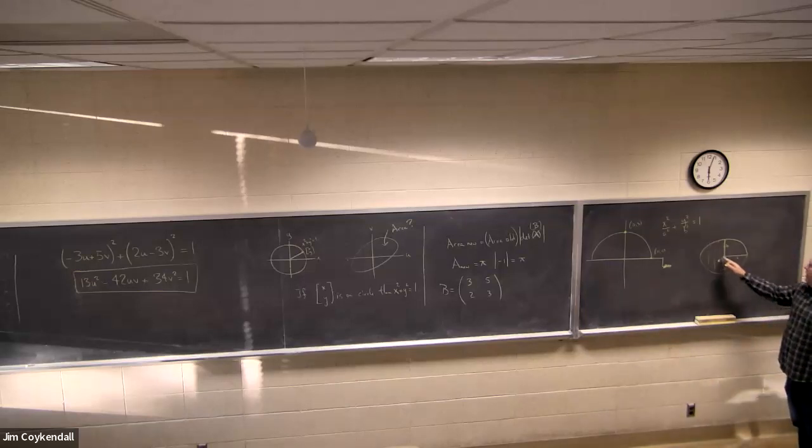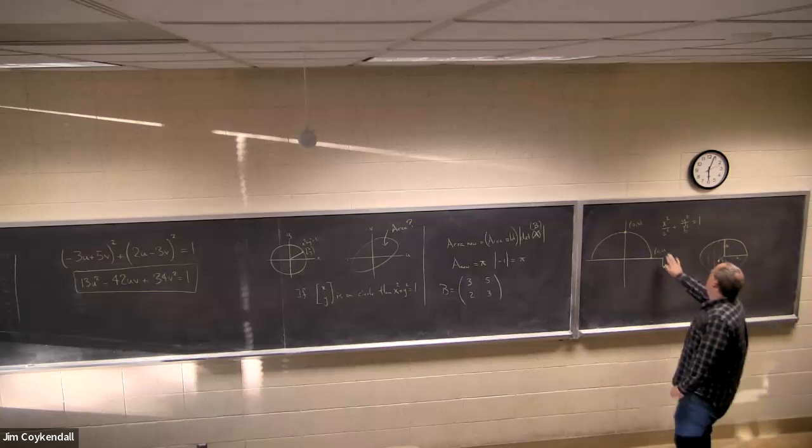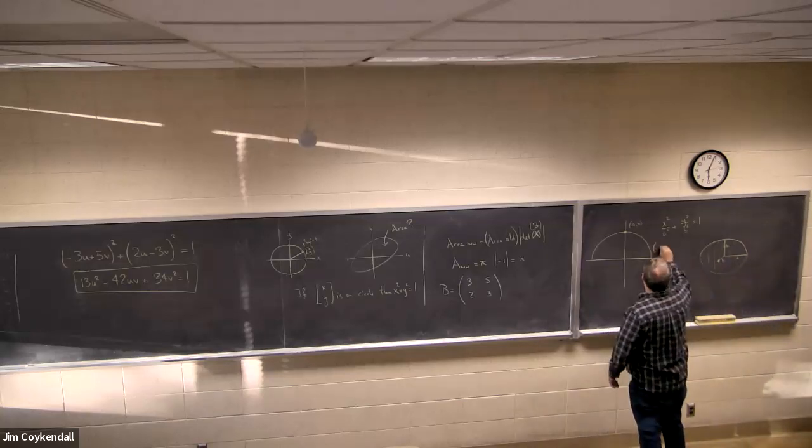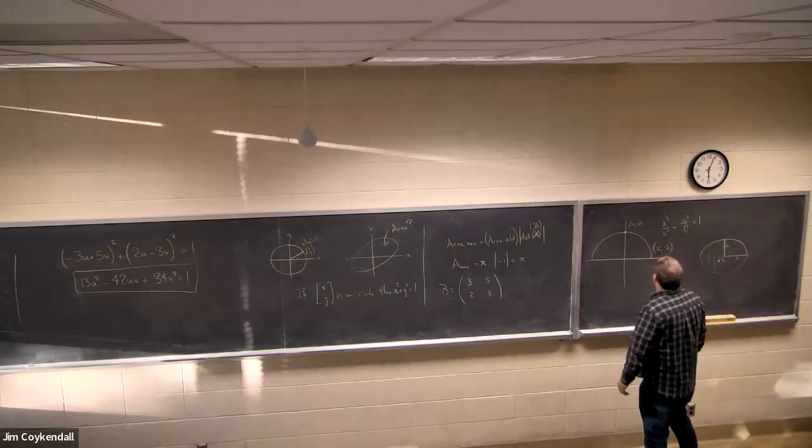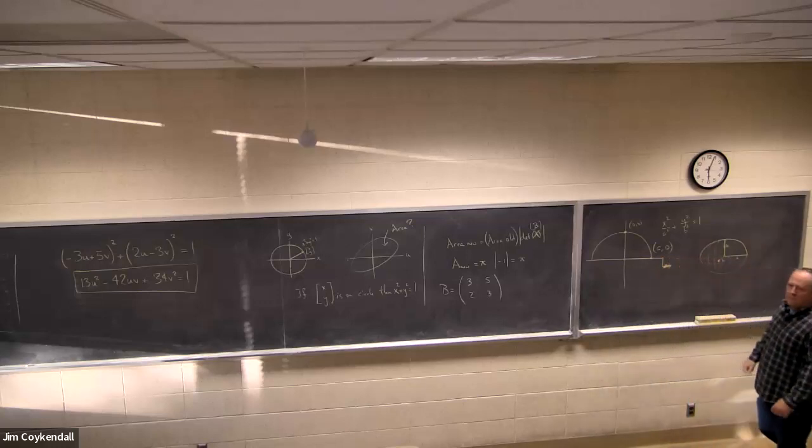We have an ellipsoid. Yes, I just can't see, does that coordinate say A0? Yeah. Okay, everybody with me so far?